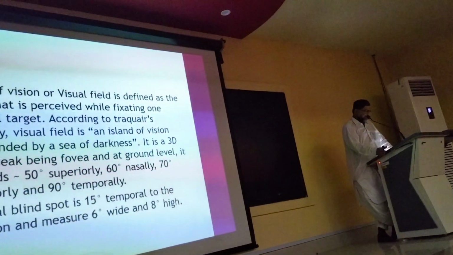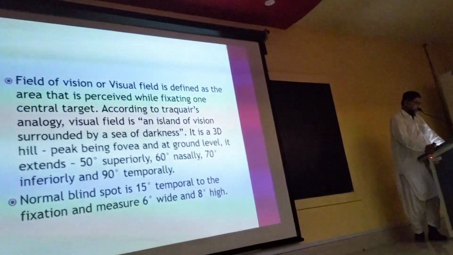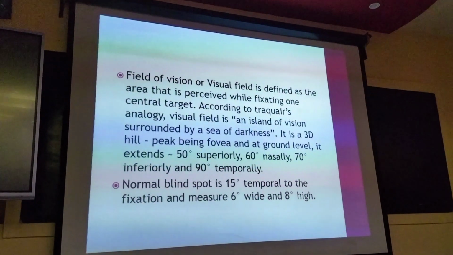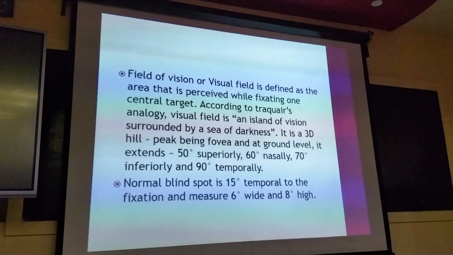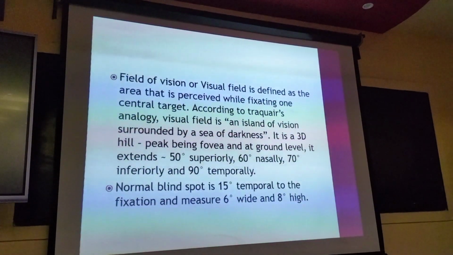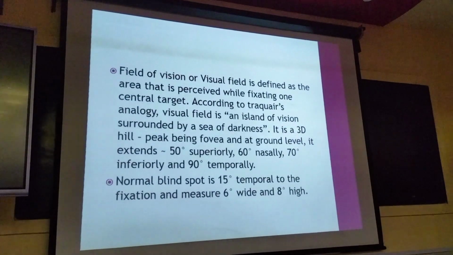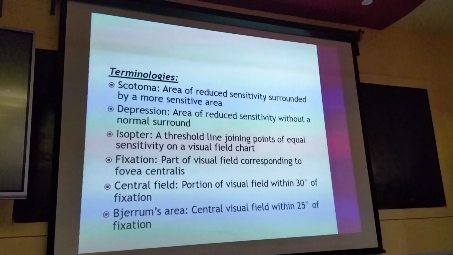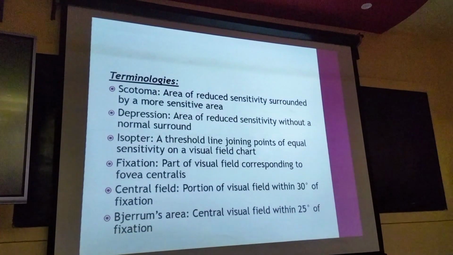The physiological blind spot we discussed in the last class. It is about 15 degrees temporal to the fixation. I told you how to practice it and how to visualize your own physiological blind spot.